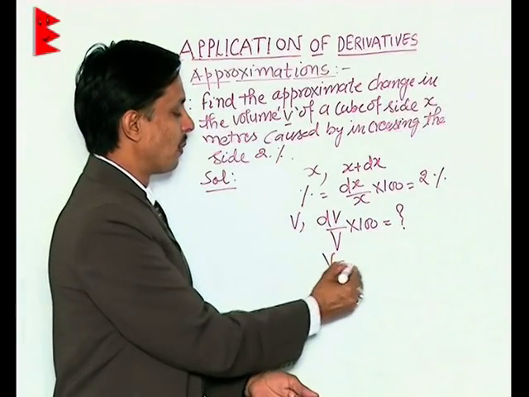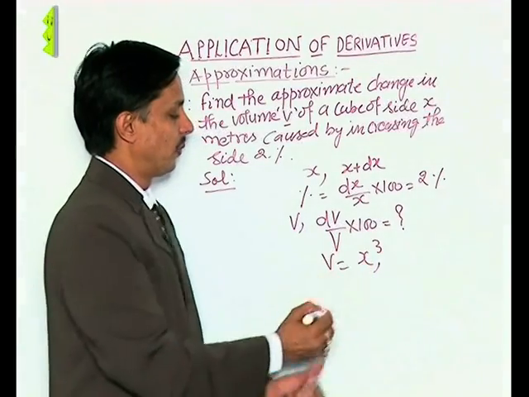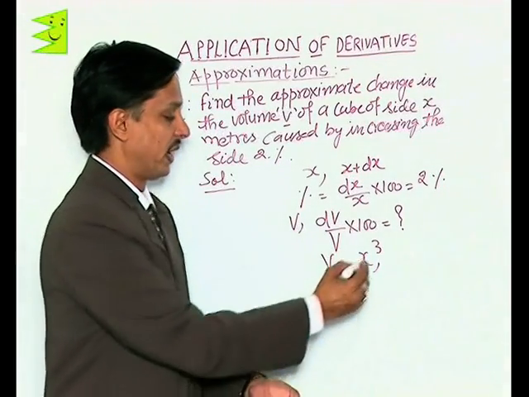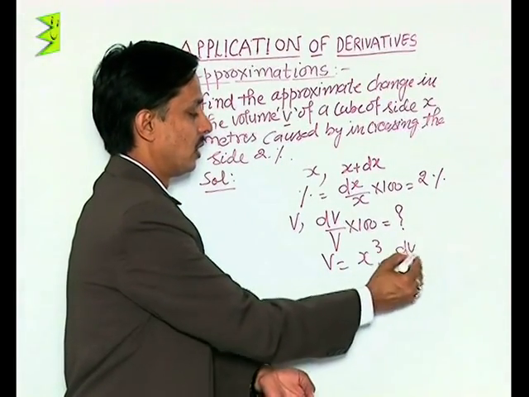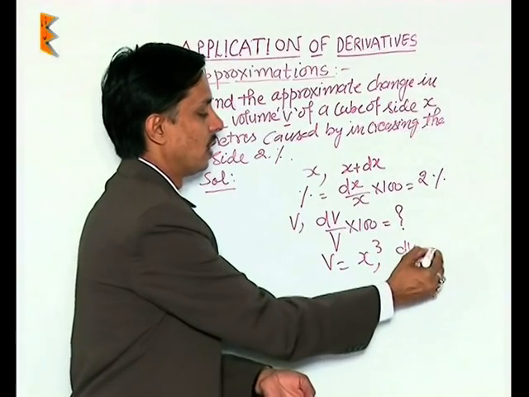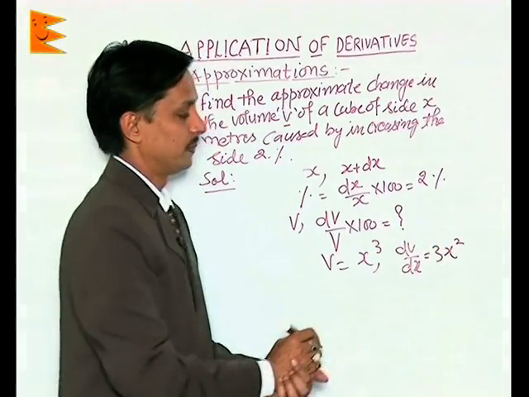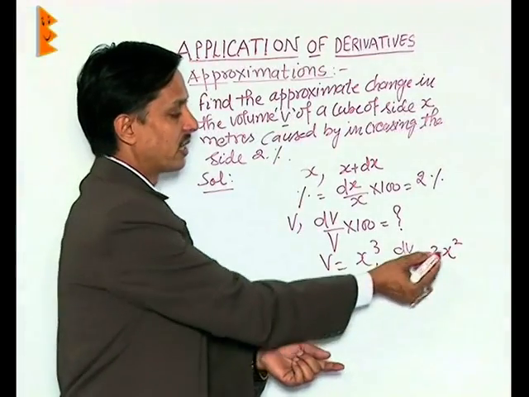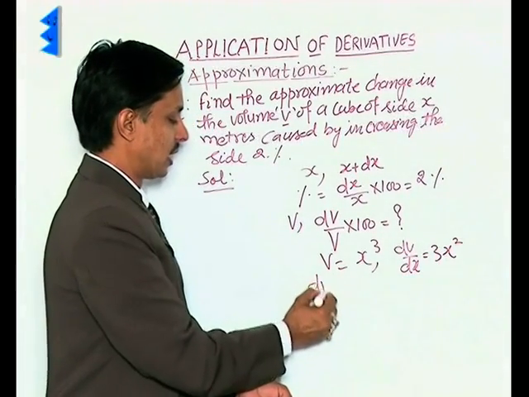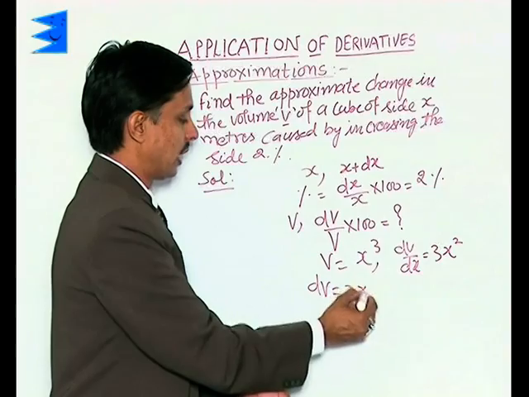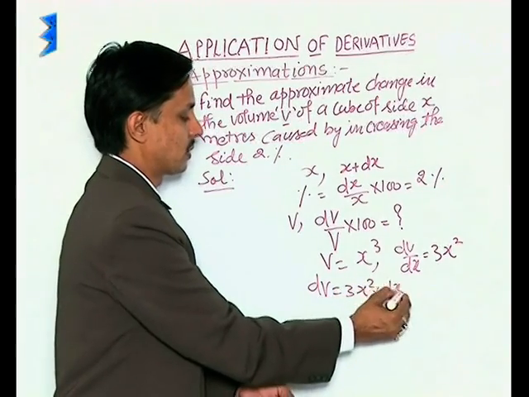We know that the volume of the cube is given by x cube. On differentiating both sides with respect to x, we will get dV upon dx is 3x square. When dx is crossed over, we can say the answer of dV is 3x square into dx.